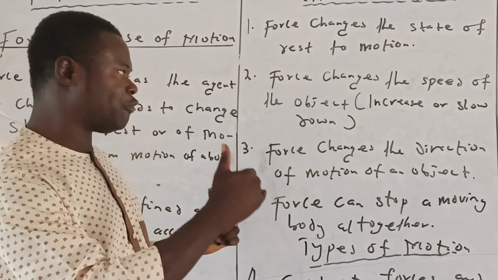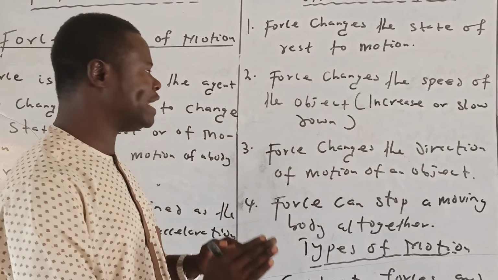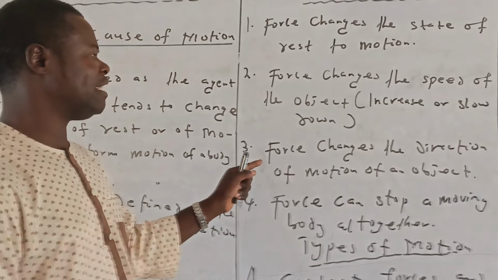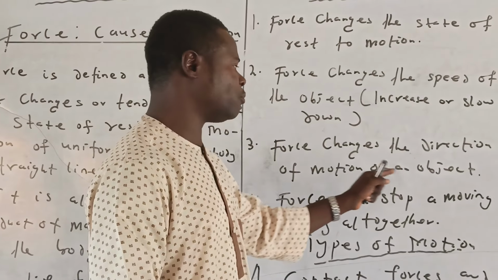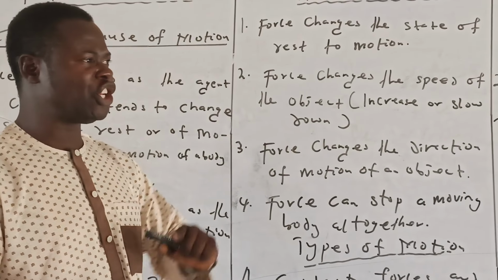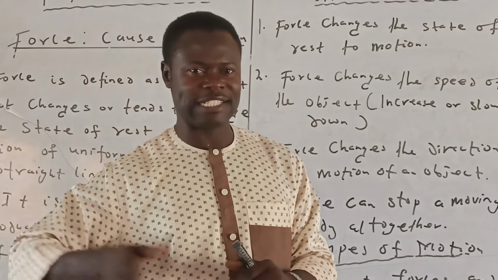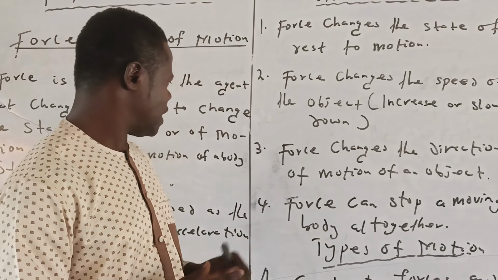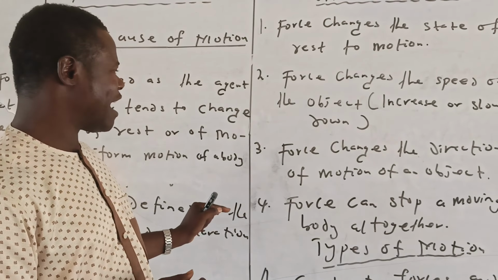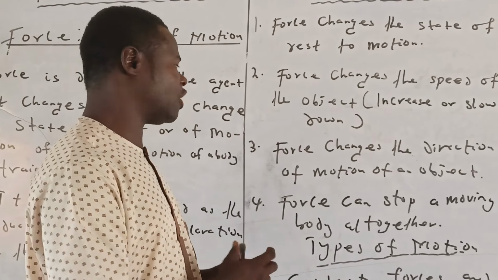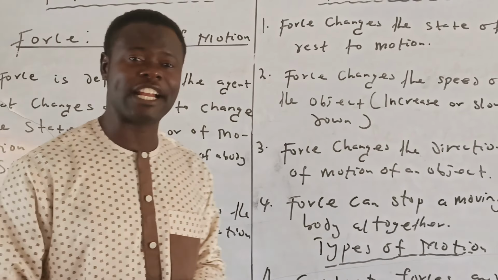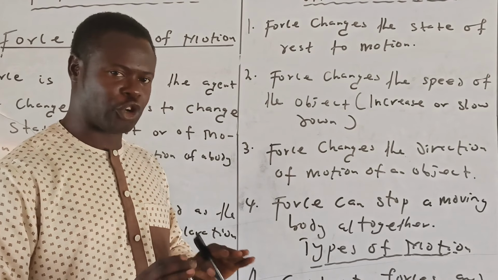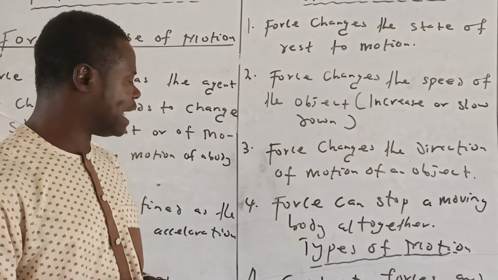By the time we reduce the force we apply, we are slowing down the object. Number three, force changes the direction of the motion of an object. When an object is moving north, we can change its direction by applying force to move south or west. Number four, force can stop a moving object altogether. When a body is accelerating, we can apply force and stop its motion and make it be at rest.